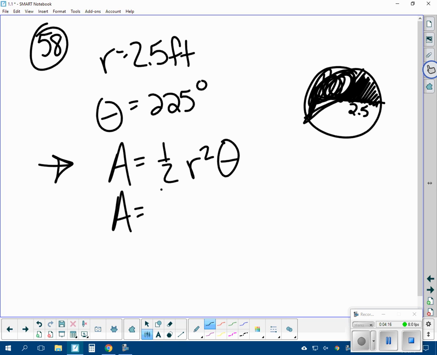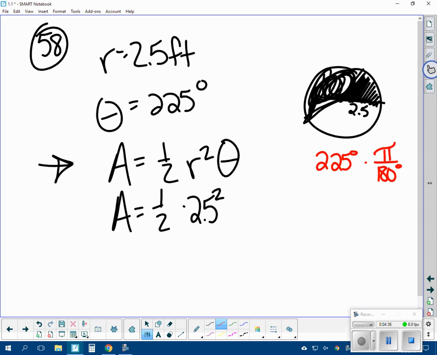The only thing is, your R, of course, is 2.5. With this formula, though, theta has to be in what? Radians. So we have to take 225 degrees and convert it by doing what? Multiply by pi over 180 degrees.